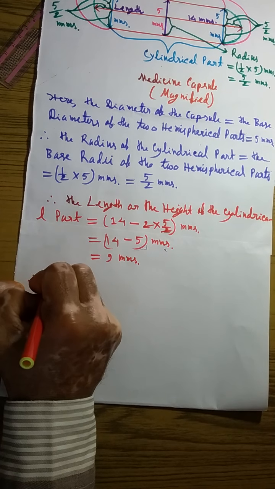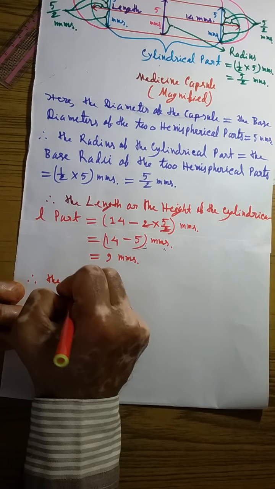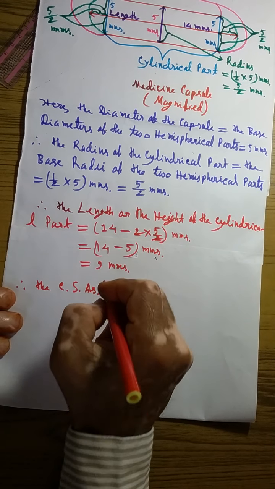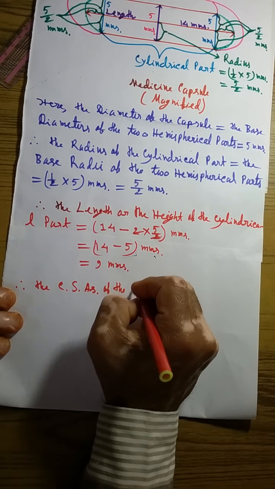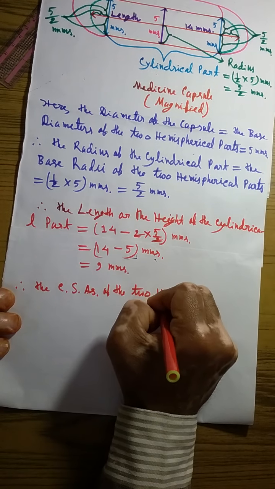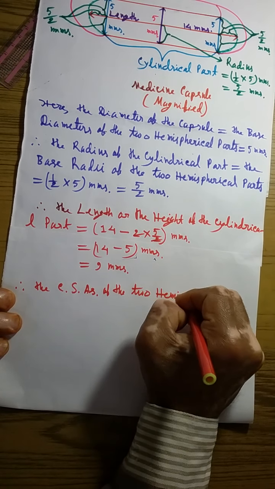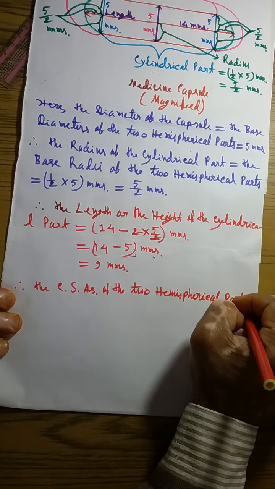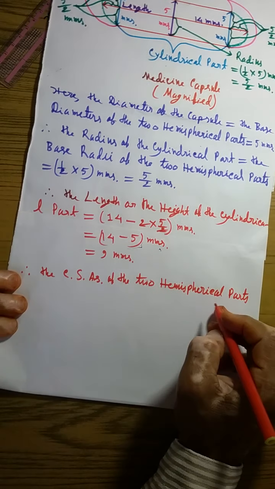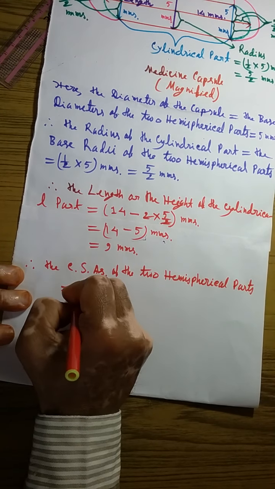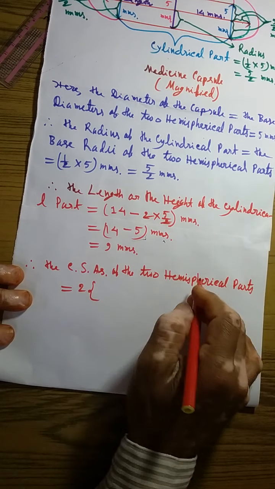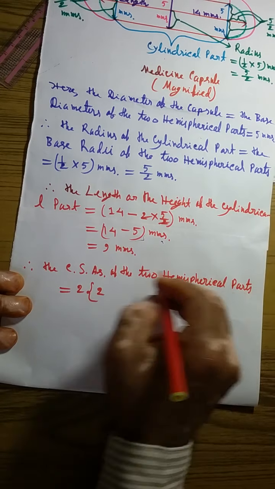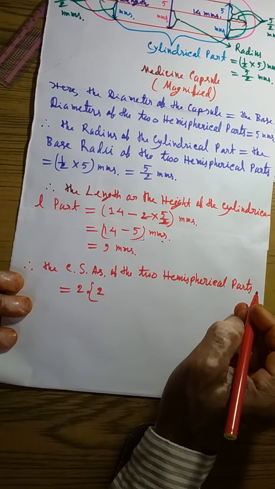Therefore, the curved surface areas of the two hemispherical parts is equal to 2 into, we have two hemispherical parts, so I have written 2 into the formula for the hemispherical part.